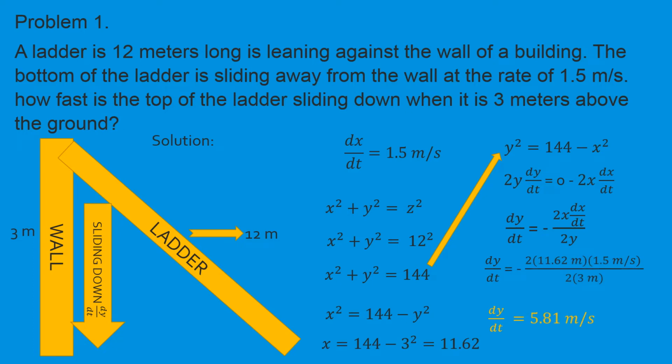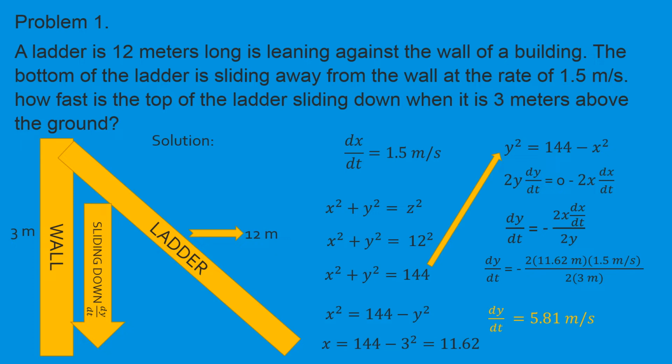So we have dy over dt is equal to negative 2 times the quantity 11.62 meters. 11.62 is referring to the value of x, as we get the square root of the difference 144 minus 3 squared. So we get the square root, that is 11.62. Then multiplied by dx over dt, that is 1.5 meters per second, over 2 times 3 meters, wherein y is equivalent to 3 meters.